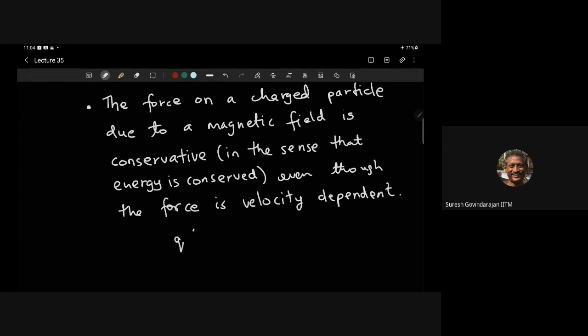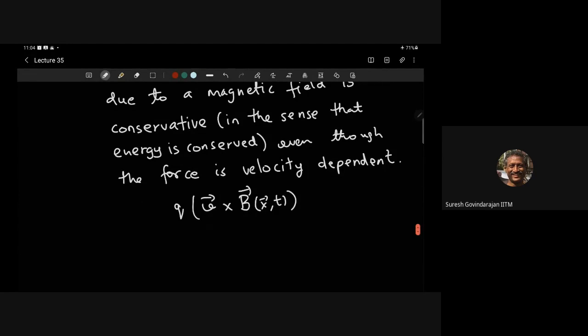If Q is the charge and V is the velocity, this is the force, and you can see that F dot V is 0, and there's something called the work energy theorem which tells you that this would be the work done, and that will give you the change in energy.